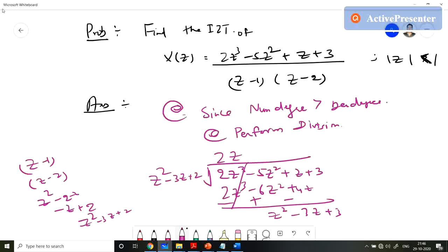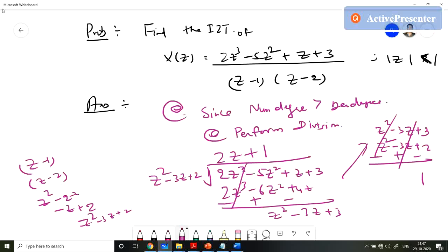After this we have to multiply it with 1, so I am writing the final answer. After multiplying with 1 we get z square minus 3z plus 2, subtracting it from z square minus 3z plus 3, everything cancels out and we get 1 here.